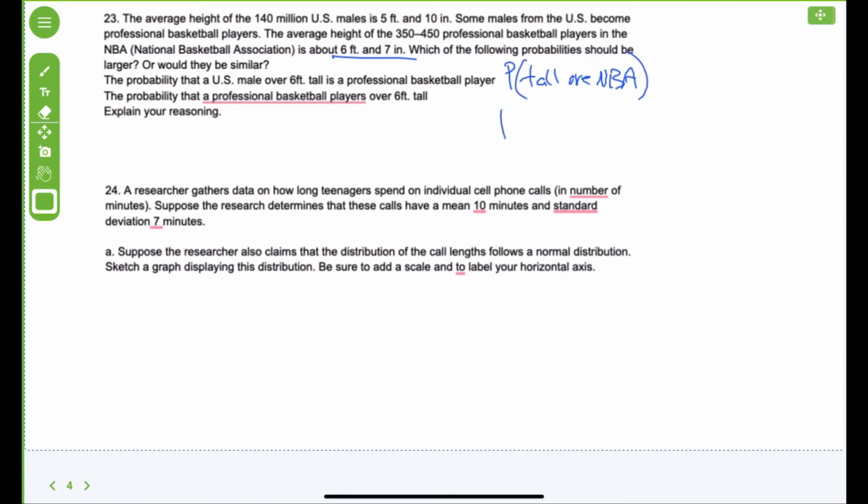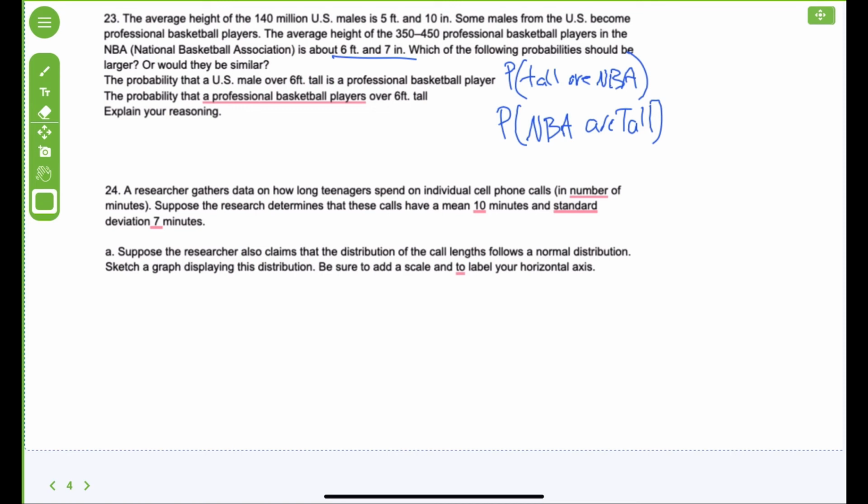Okay. What about the probability that if you're an NBA player, so if you are an NBA player, then you are tall.